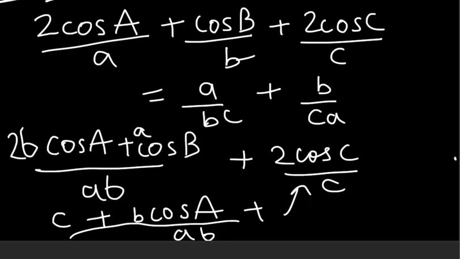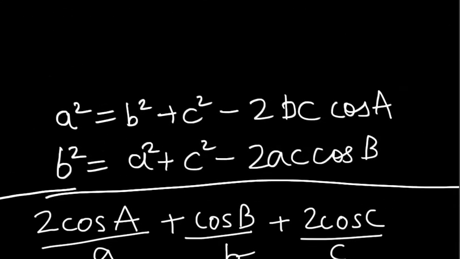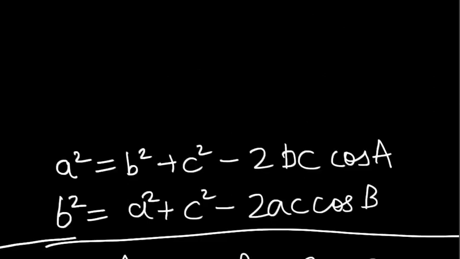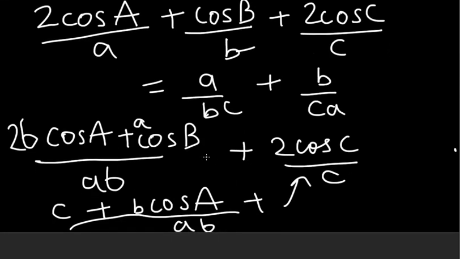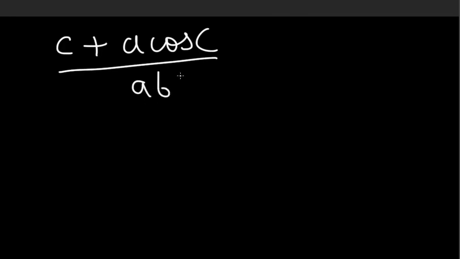I think we are running out of space, so I'll create a new page here. Oh, we have space above this page, so I'll just remember what we wrote in the last line and then rewrite this. So c plus b cosine of a divided by ab, so c plus a cosine of c divided by ab.